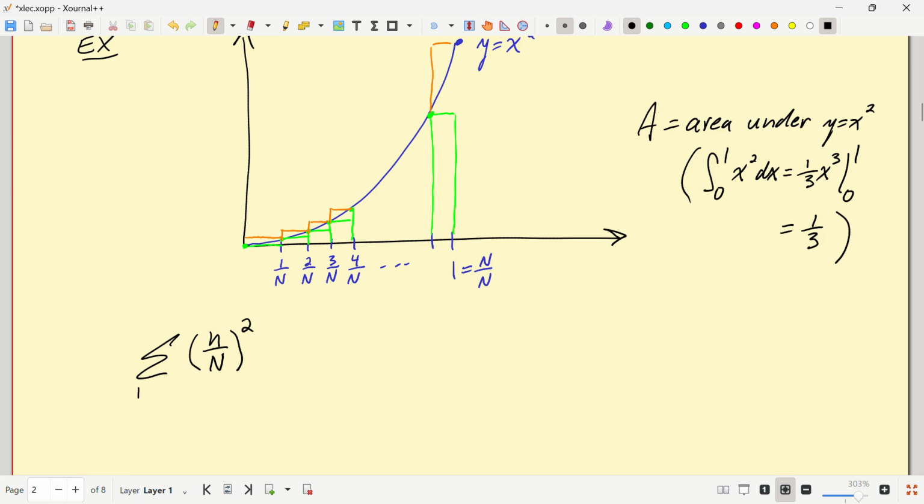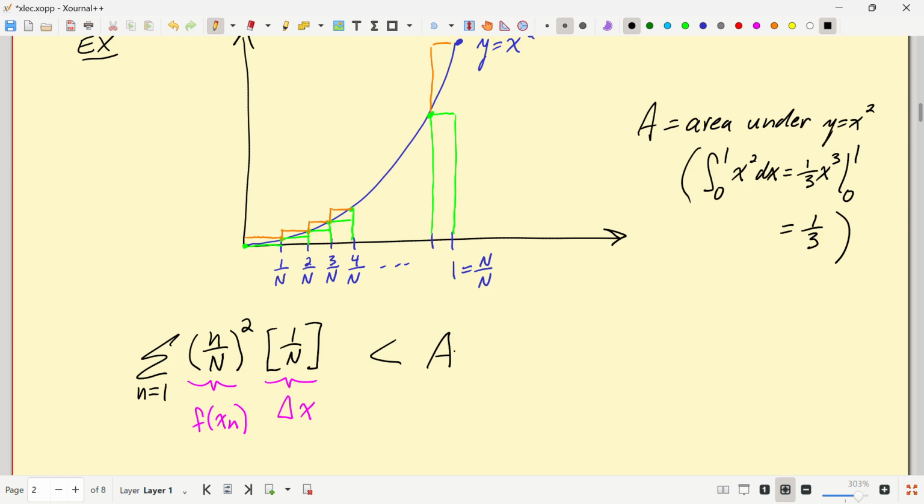The next one, starting with n equal 1, would be n over n squared times the delta x, which is 1 over n, 1 over capital N. Okay, that's the delta x from freshman calculus. And this is the f of x_n in a Riemann sum. Okay, that's clearly underneath the area, so it's going to be less than the area.